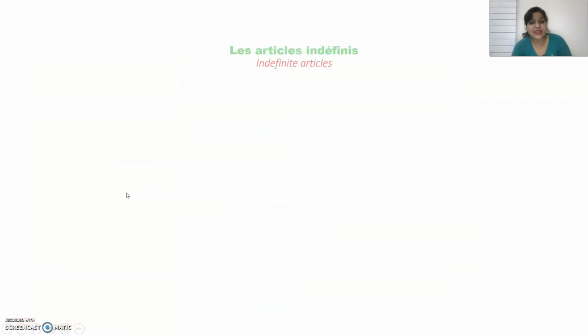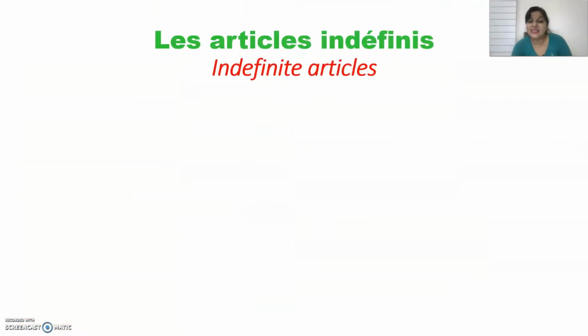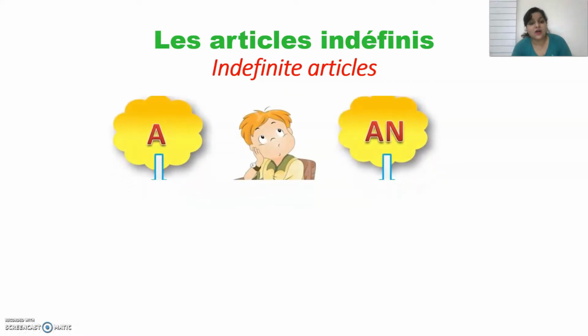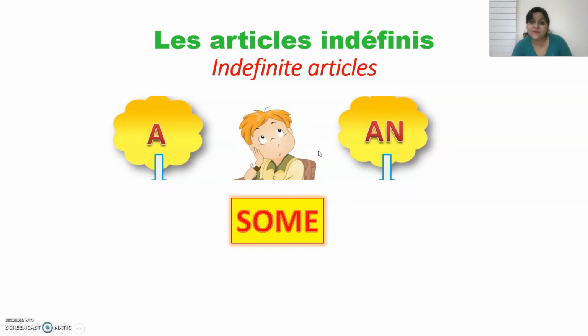Now let's move ahead and learn les articles indéfinis. Or we can say we are going to learn indefinite articles. Now when I say les articles indéfinis, that means we are going to learn how to write down a, an, and some in French language. So under the category of les articles indéfinis, you are going to learn how to write down a, an and some.